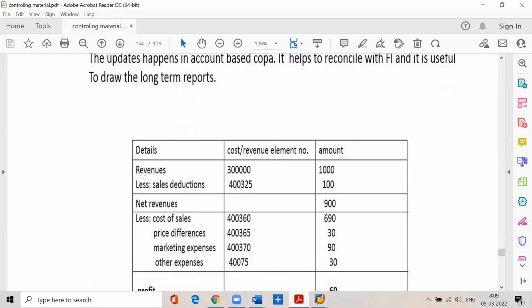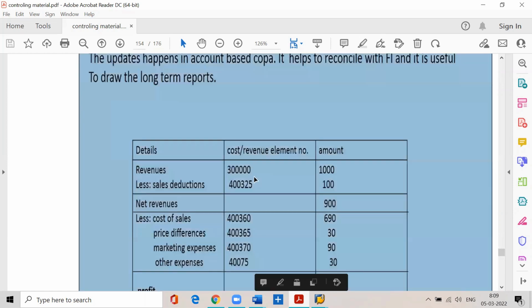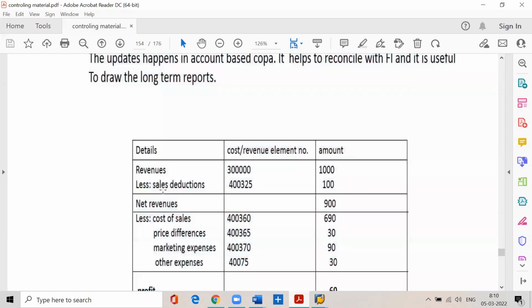For example, how the revenues are represented through a GL account, 3 lakhs. So these GL accounts are created as cost elements. Then sales deductions, meaning expenses which have the impact of reducing your revenues. For every sales related expense also, we maintain a GL account.